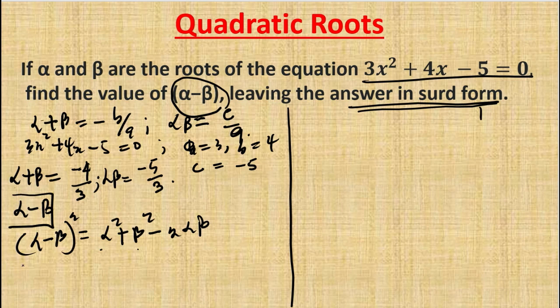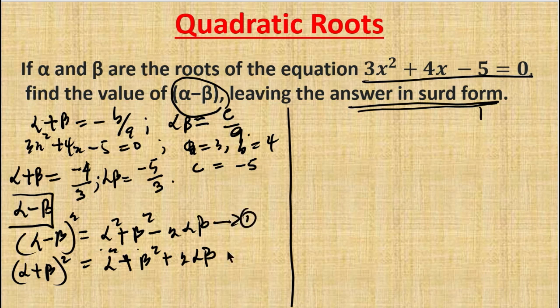Now, remember also that alpha plus beta all squared will be the same thing as alpha squared plus beta squared plus 2 alpha beta. So that if I call this my equation 1, I can call this my equation 2.